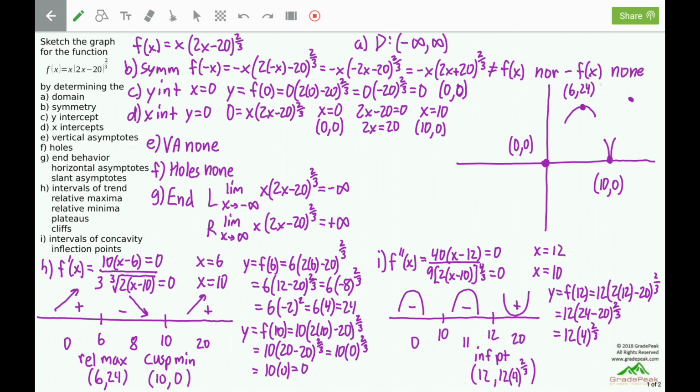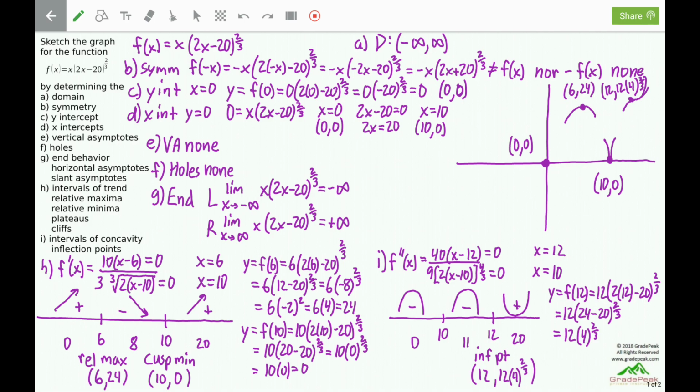And we can label this point as 12 comma 12 times 4 to the 2/3 power. And it's going to have a shape of being concave down on the left and concave up on the right.